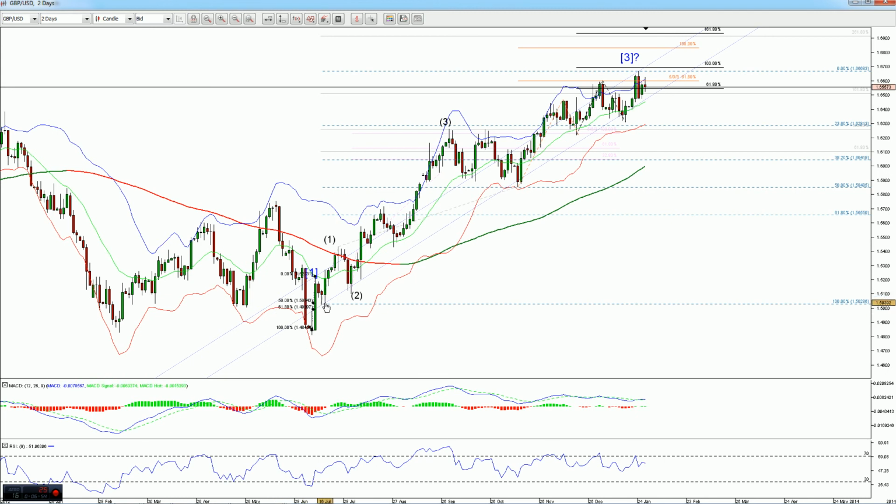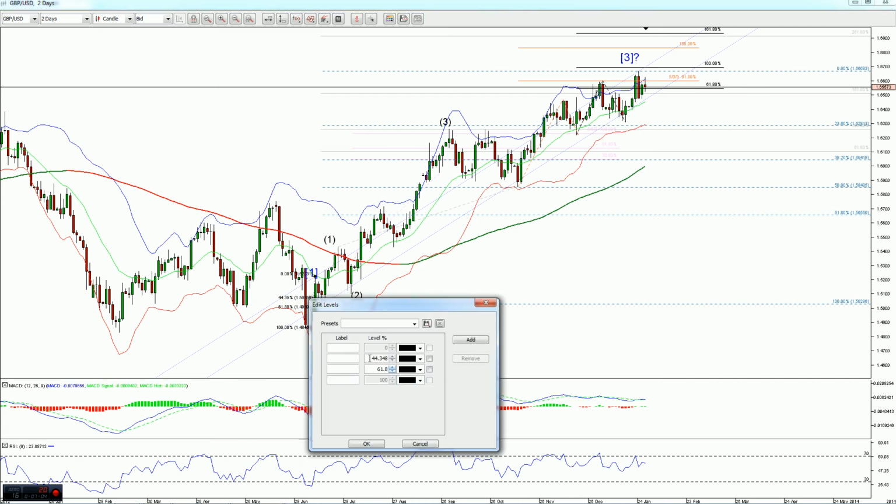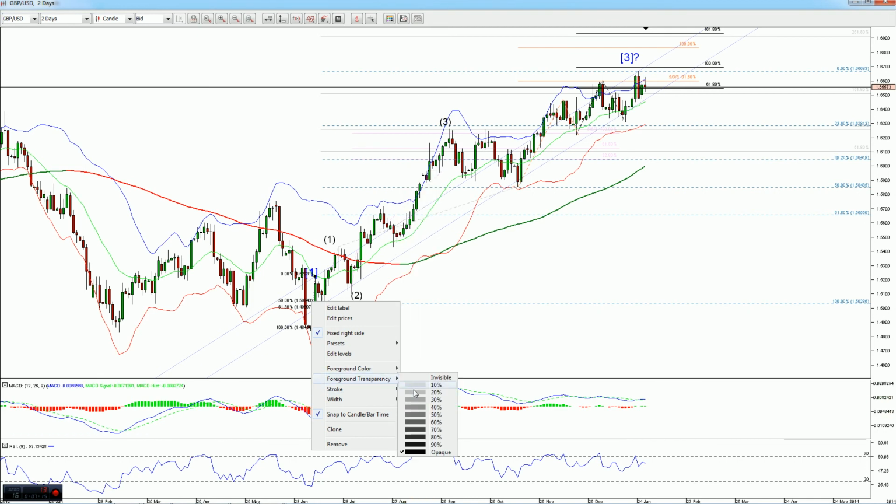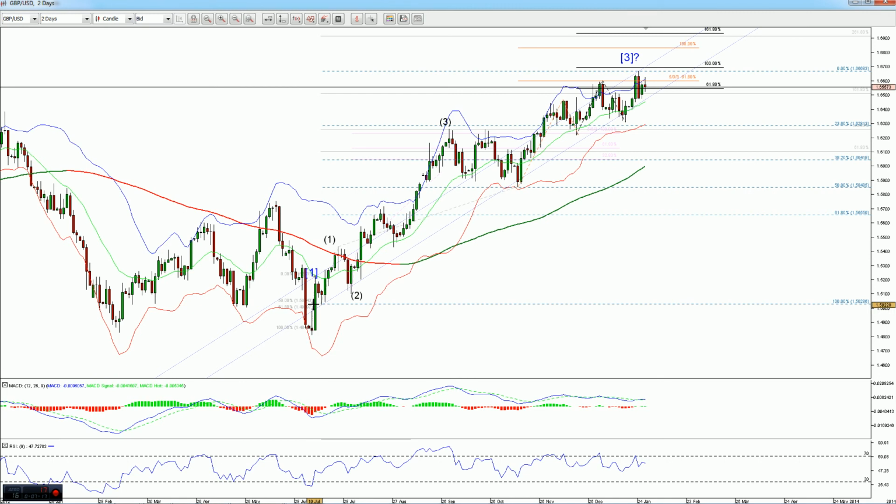Okay, so this is where the second blue wave is. It's not marked on this chart because sometimes I do not do it. It's enough that I explain it. Yeah, that was 50, of course. I turn it off again.